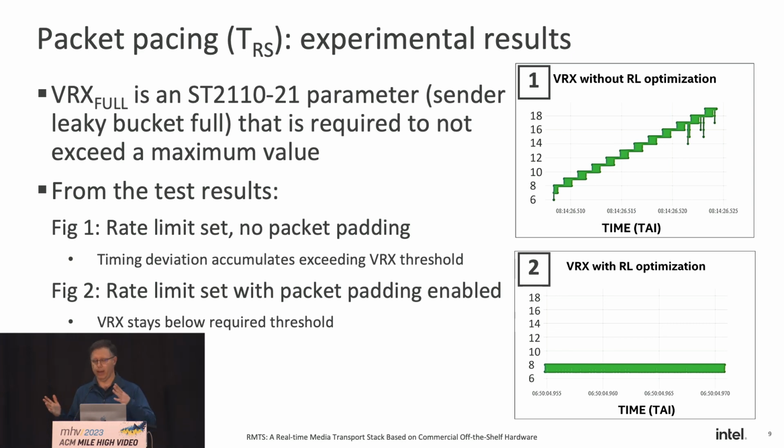And so this is another parameter, and I'm not really going to explain all of it because it's a bit technical, but there's a specific algorithm that has to be implemented, a standard leaky bucket algorithm, and there's a fill line that you can't go over. And if we don't do the packet padding, because of the statistical nature of the packets, we'll overflow at any moment in time, and it happens very frequently. So once we add the packets, we keep it extremely tight. We never, ever go out of spec. And we've run it literally for weeks on end, sending continuous video.